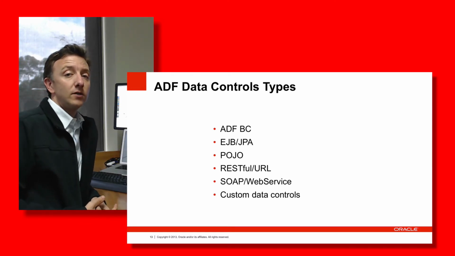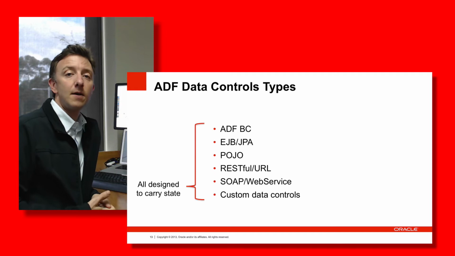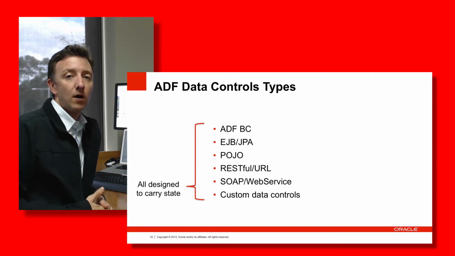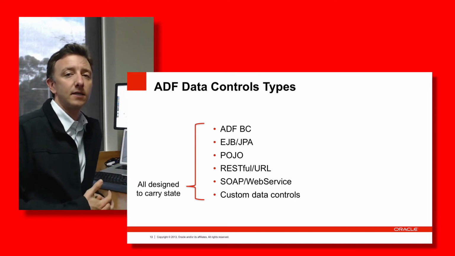Now, all these data controls are, as we were talking about with the transaction facilities before, designed to carry state, so they meet that requirement 100%. However, in terms of the concepts of transactions and committing and rolling back all the operations, in terms of the APIs and what different facilities each data control type provides, that does differ.